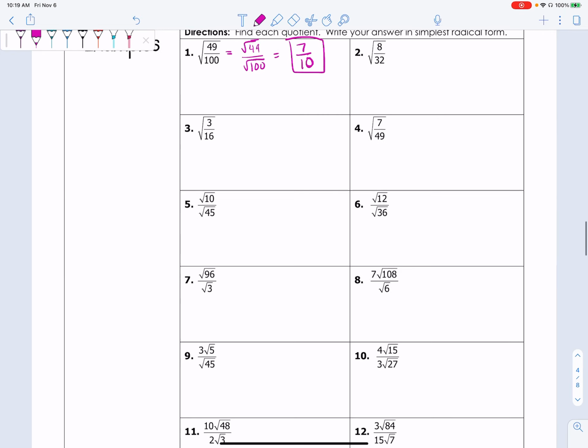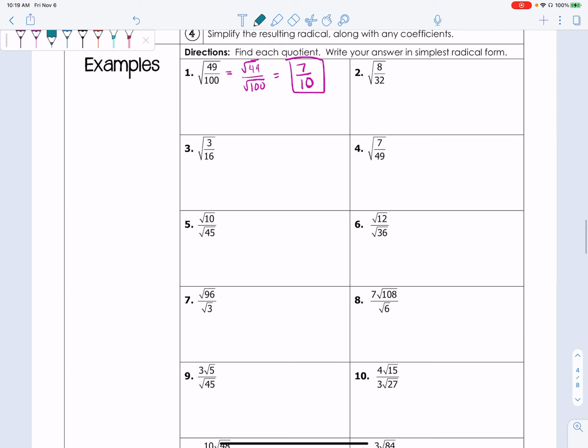Whereas if we skip down to number 7, square root of 3 is not a perfect square. Okay, 96 is not a perfect square. However, if I change this to one fraction, 96 over 3, if I reduce that fraction, 96 divided by 3 gives me the square root of 32. 32, I can reduce this radical.